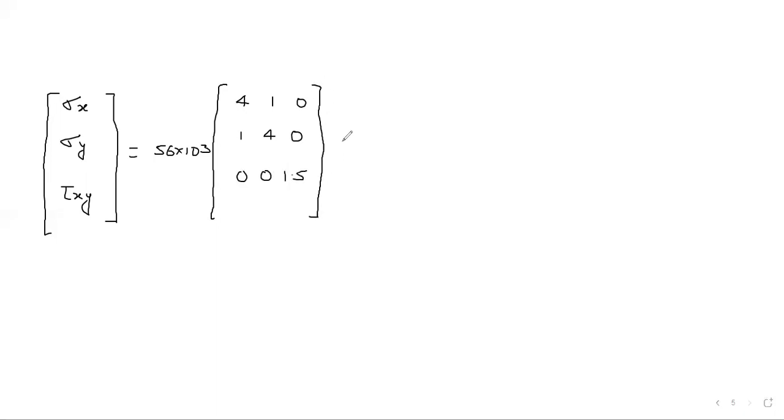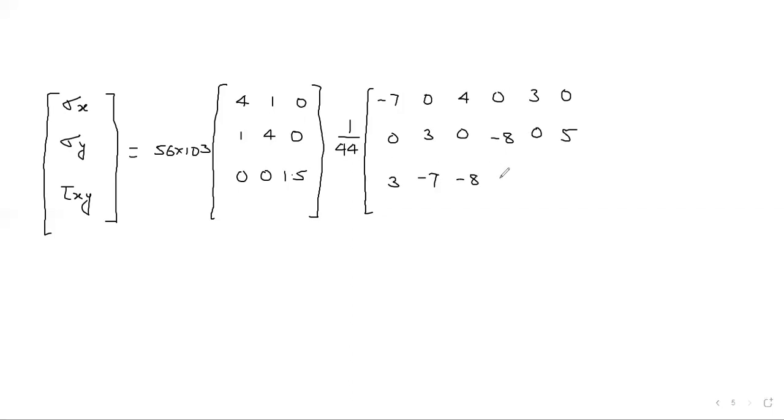Now the B matrix. So B matrix is 1 by 44 into -7, then 0, 4, 0, 3, 0. Then we will have 0, 3, 0, -8, 0, 5, and then we will have 3, -7, -8, 4, 5, 3.